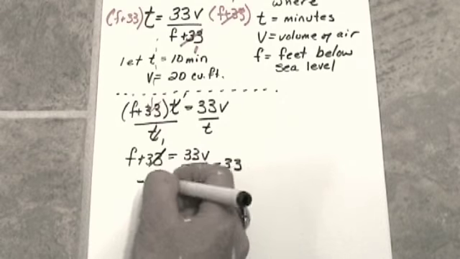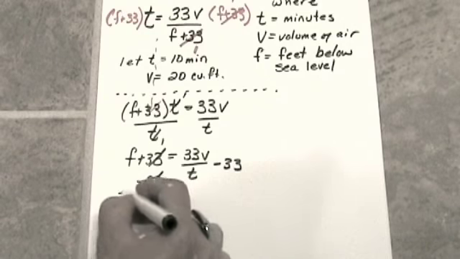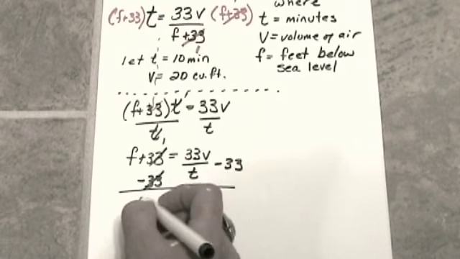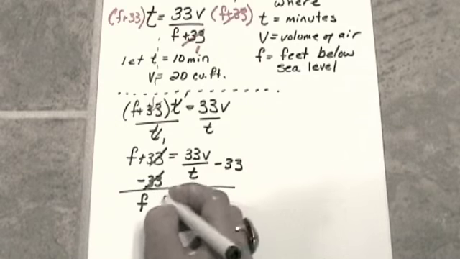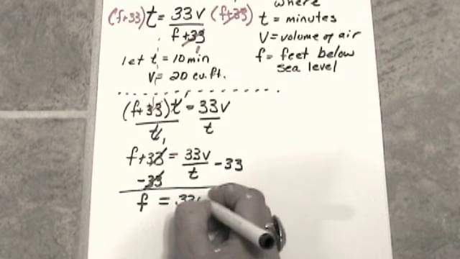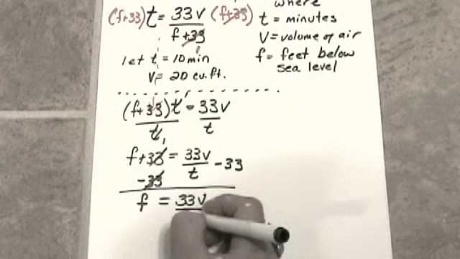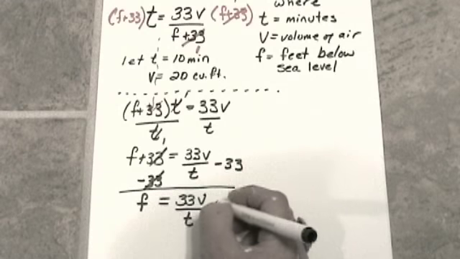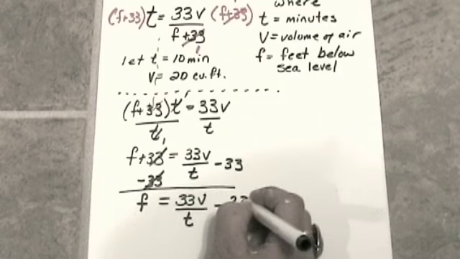So 33 minus 33 is 0, and let's see here. So that'll leave us with the number of feet down that the diver can go is equal to 33 times the volume in the tank divided by the time underwater minus 33.